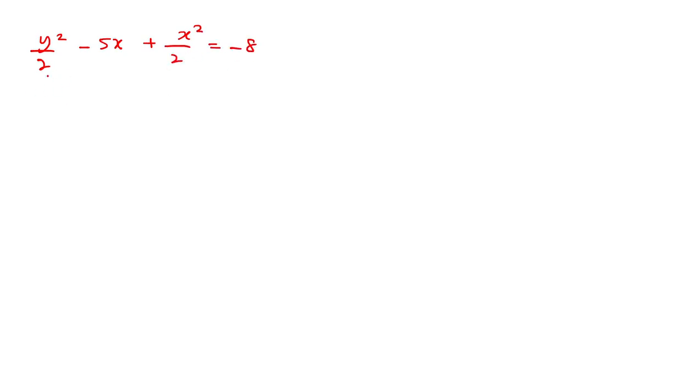If you simplify the whole thing, you multiply by 2. So y squared minus 10x plus x squared equals negative 16. So y squared minus 10x plus x squared plus 16 equals 0.